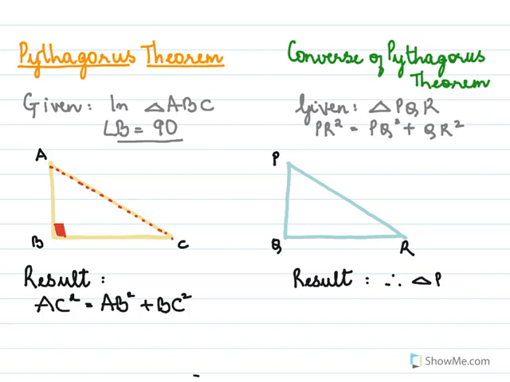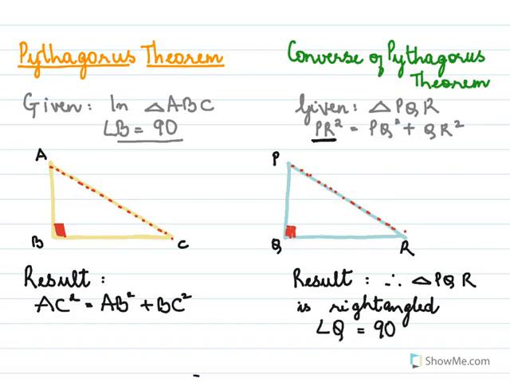Therefore, triangle PQR is right-angled, and since PR must be the hypotenuse, it must be right angle at Q. So angle Q is equal to 90 degrees.